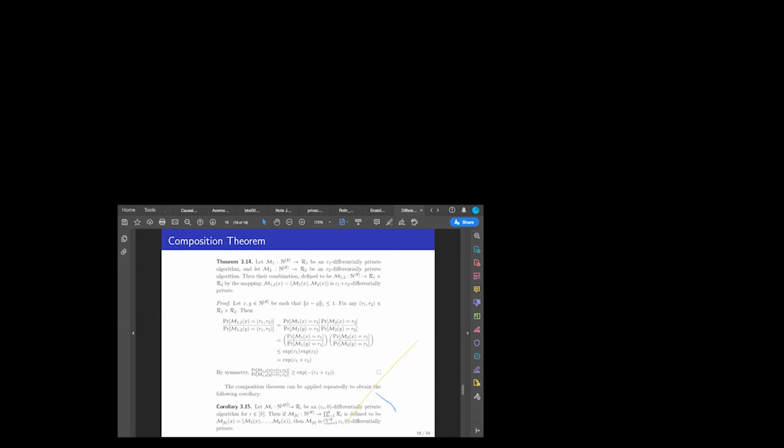If you have one single database and you query it, let's say, twice, thrice, then the data that you obtain is going to be summation 1 to k of epsilon i, 0 differentially private, which means the more queries, the greater the loss in privacy, as long as the database stays constant. This makes sense, right?